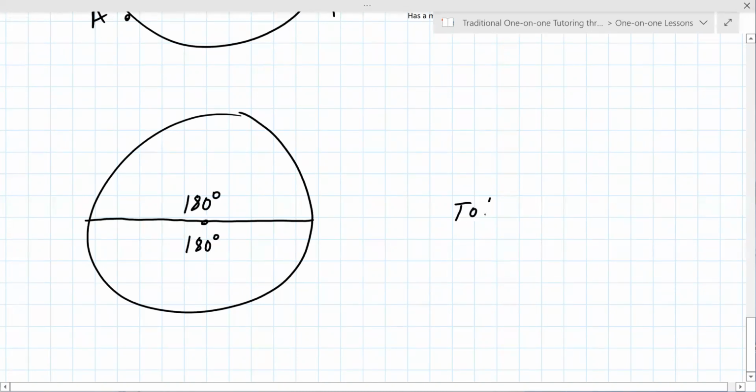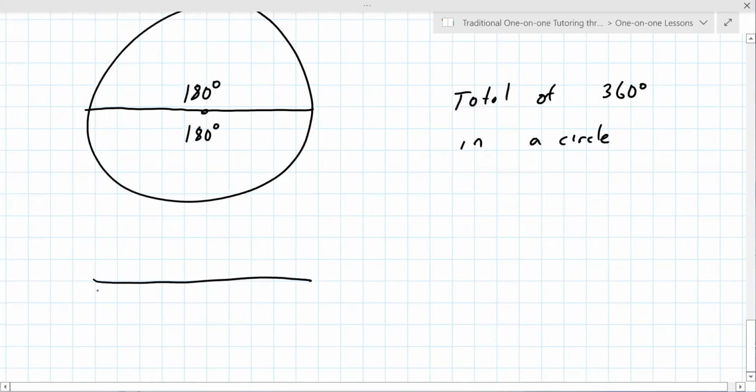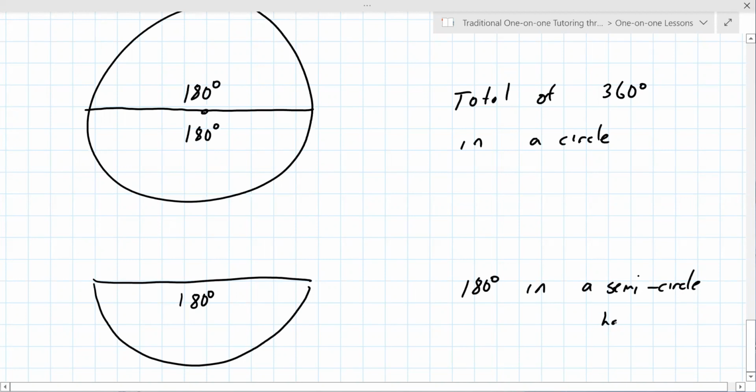So there's a total of 360 degrees in a circle. But if we're just interested in a semicircle, which is half the circle, that's 180 degrees in a semicircle or half circle.